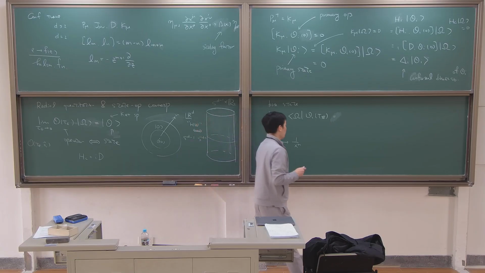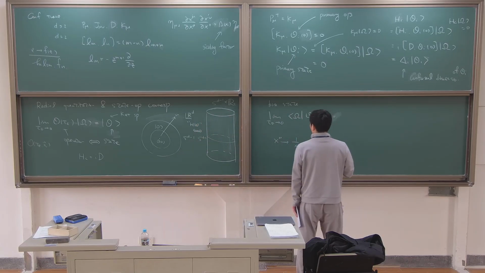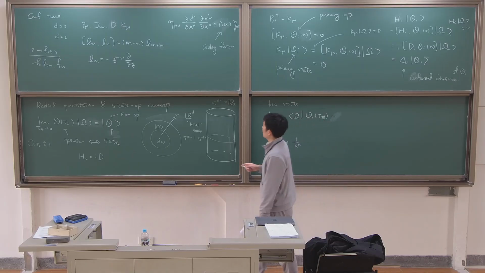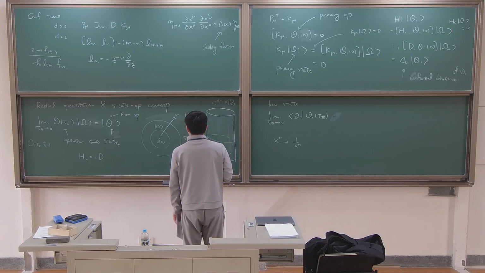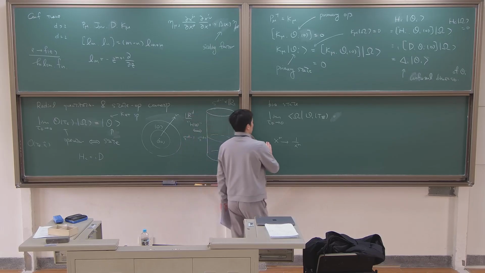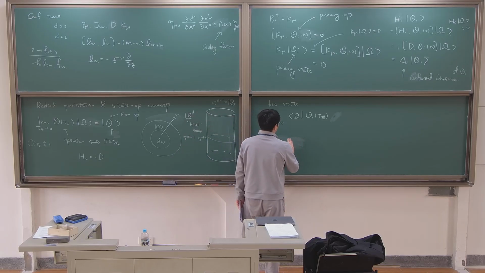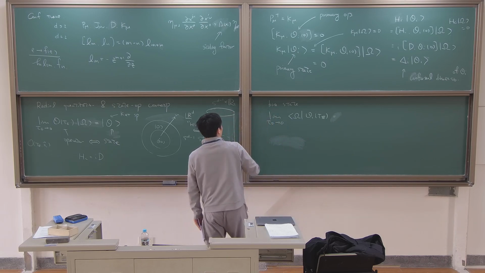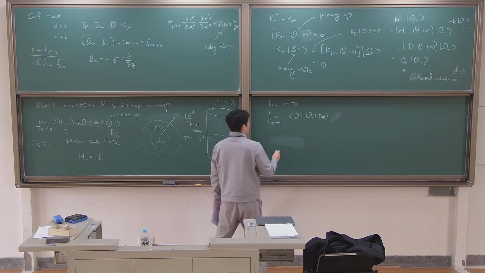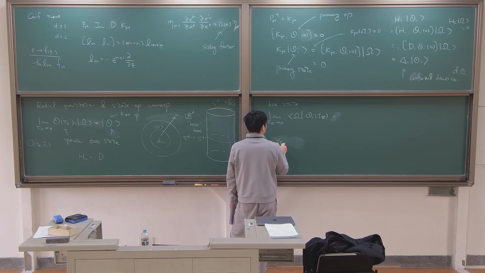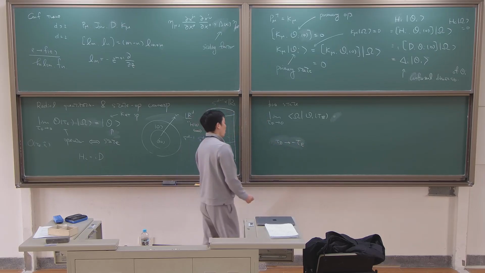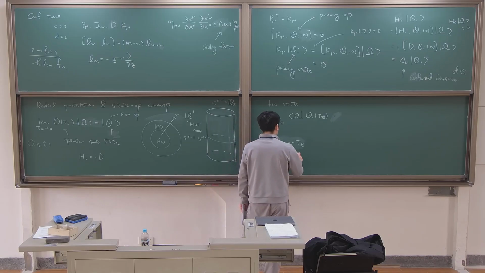So if you consider a conformal transformation, more precisely, 0 and infinity are related by tau_e equals minus tau_e, that is, r goes to 1 over r.